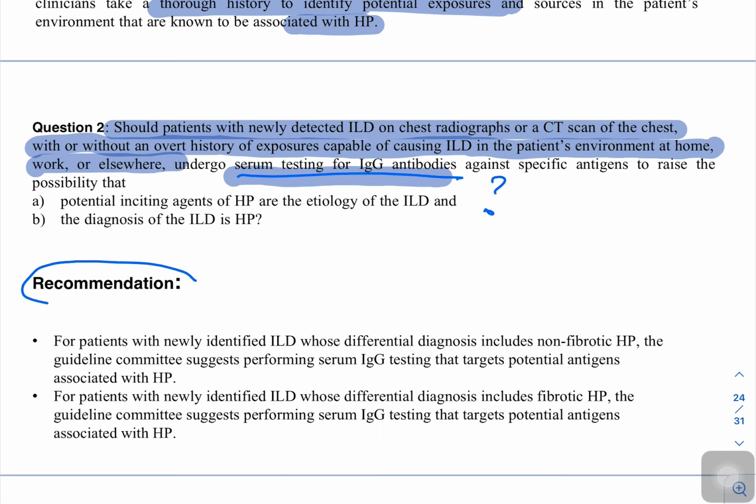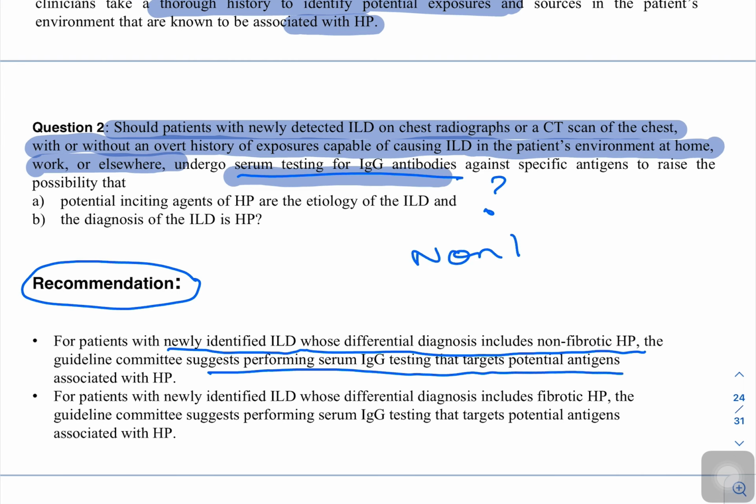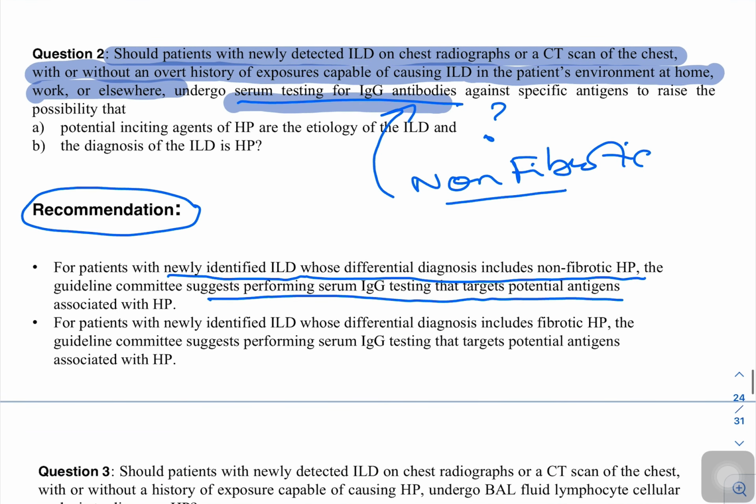So the recommendations are: for a patient with newly identified ILD whose differential diagnoses include non-fibrotic HP, the guidelines committee suggests performing a serum IgG testing that targets the potential antigens. So in non-fibrotic HP, we should do IgG testing against a specific antigen.